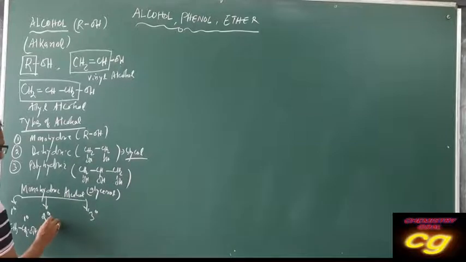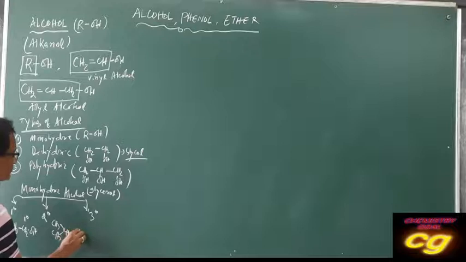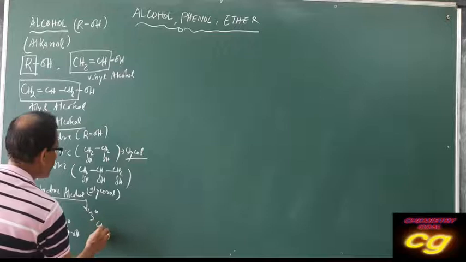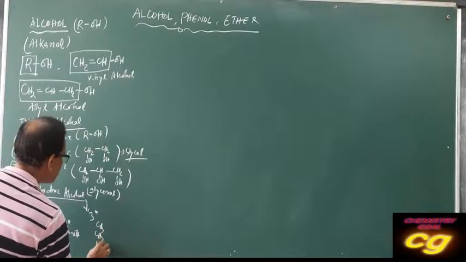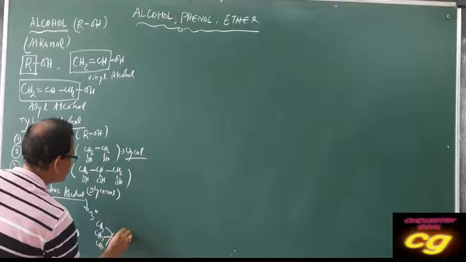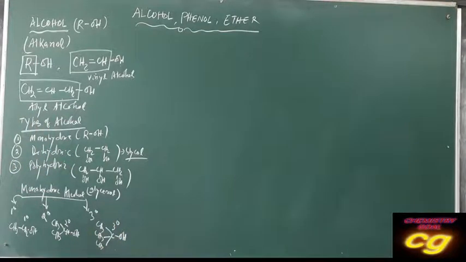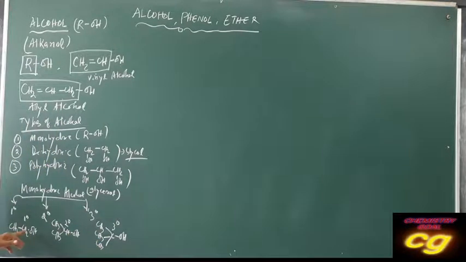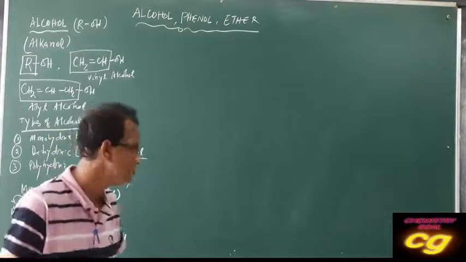If the OH group is attached to a secondary carbon, this is secondary alcohol. If the OH group is attached to a tertiary carbon, this is called tertiary alcohol. So monohydric alcohol may be primary, secondary or tertiary.